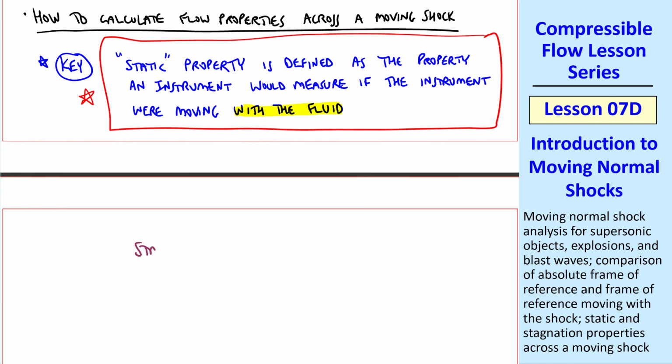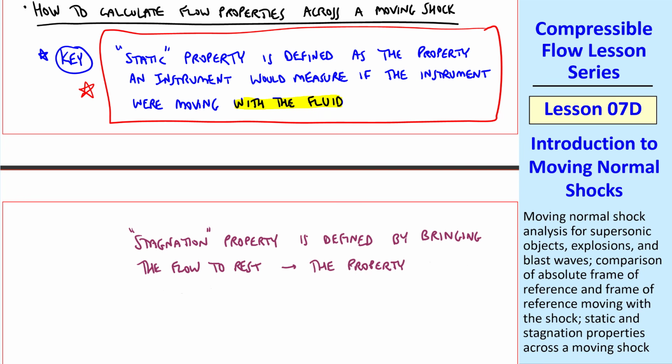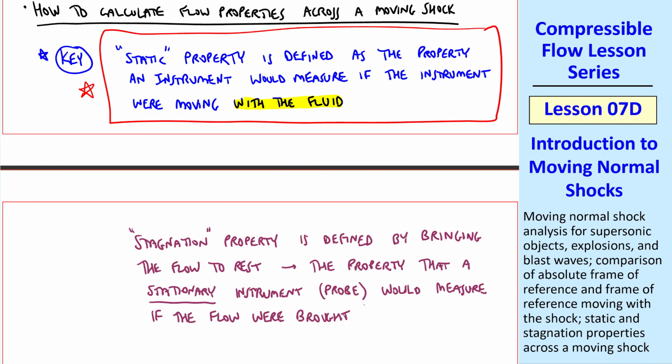By comparison, a stagnation property is defined by bringing the flow to rest. Thus, it is the property that a stationary instrument, and when I say instrument, I mean a probe of some kind, would measure if the flow were brought to rest isentropically.